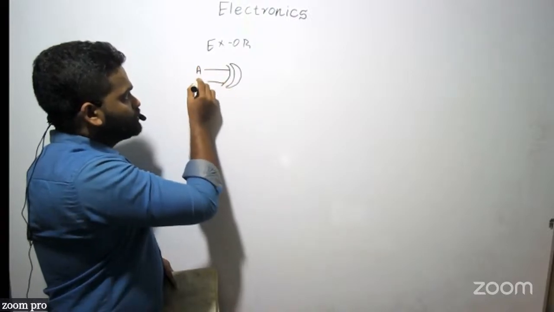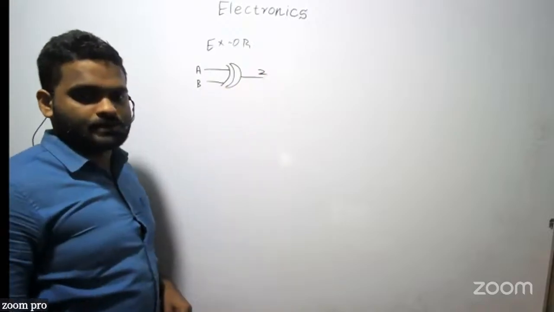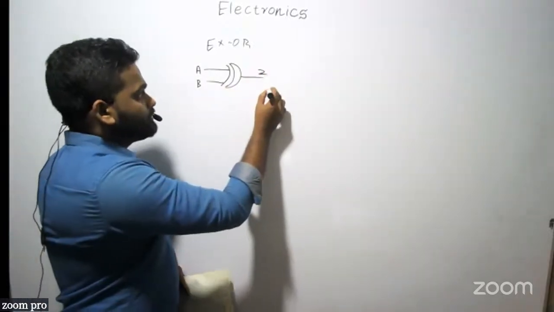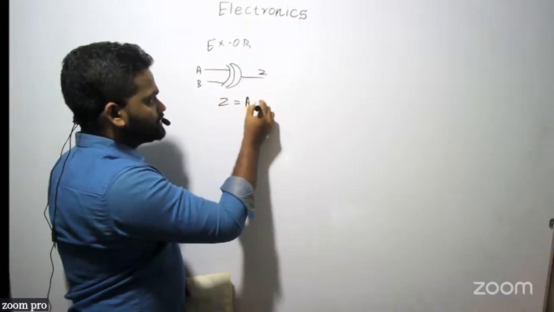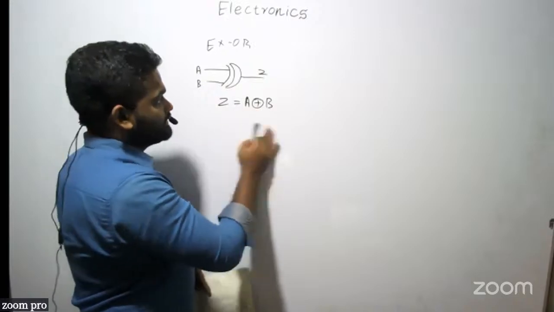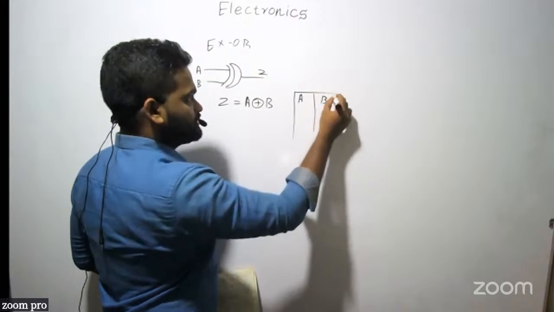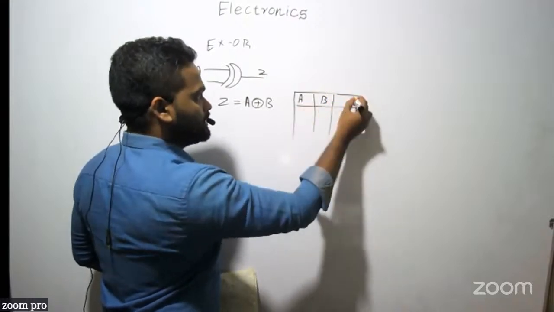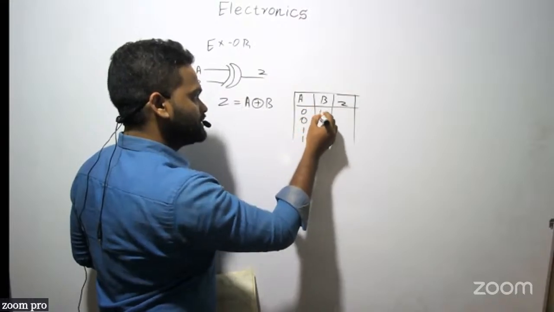Then you have two inputs, A and B. Then we have the output. You need to remember the truth table for this. Before that, let's see the Boolean expression, A plus B, not exactly A plus B, right? You need to remember the truth table for this one especially, because this shows the different types of variation, right? So let's say 0, 0, 1, 1, 0, 1, 0, 1.